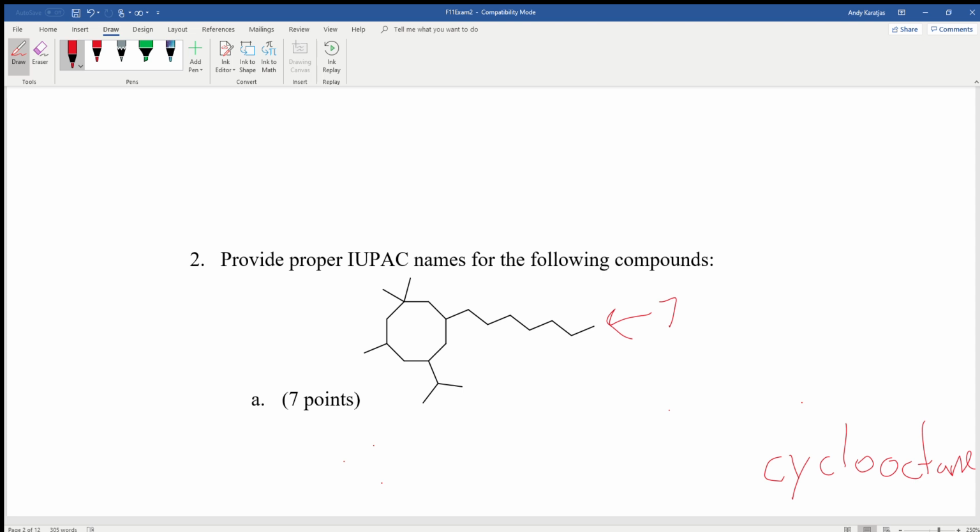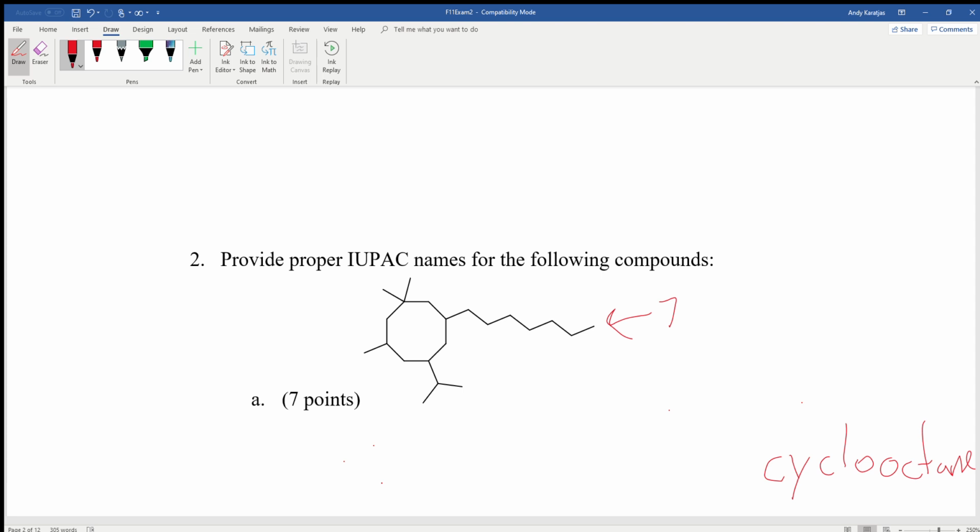Next, we need to figure out how to number this compound. And as we recall with a ring, we can start at any carbon that has a substituent on it, because that will give that substituent carbon number 1. From there, we need to go to the carbon that has the next substituent.